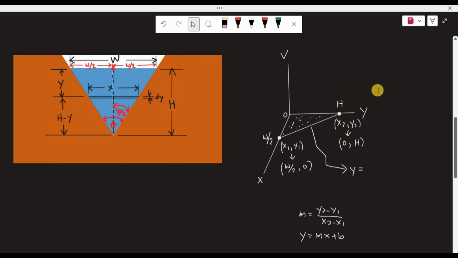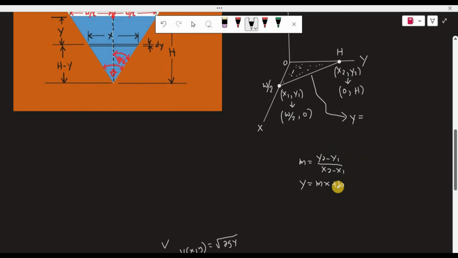Consequently, we can state that the slope of this line m is equal to y2 minus y1 over x2 minus x1, which simplifies to m equals h minus 0 over 0 minus w over 2. Thus, we have m equals negative 2h over w.